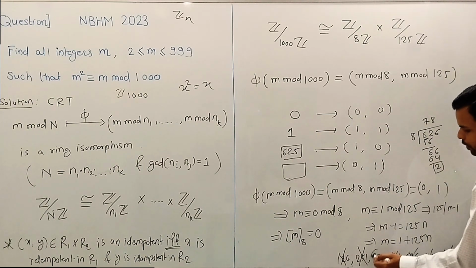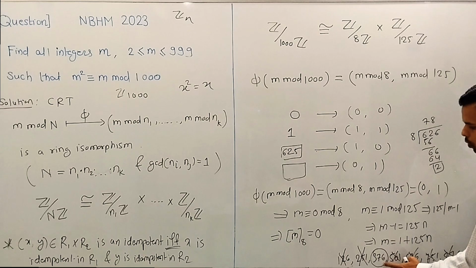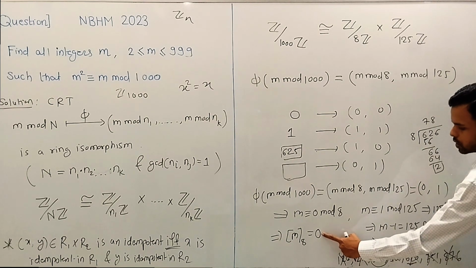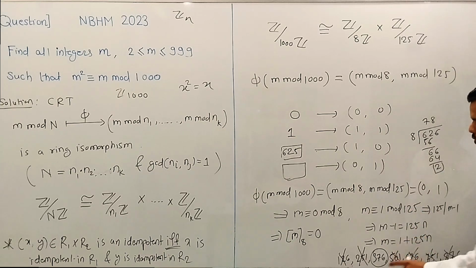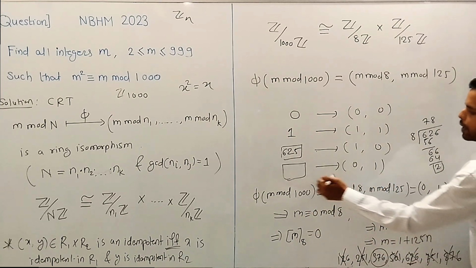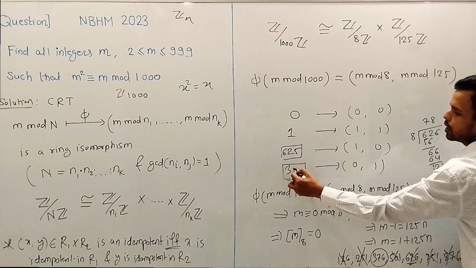And you can easily verify that 376 modulo 8 is equal to 0, that is, 8 divides 376. So 376 satisfies this condition. So the pre-image of this element is 376.